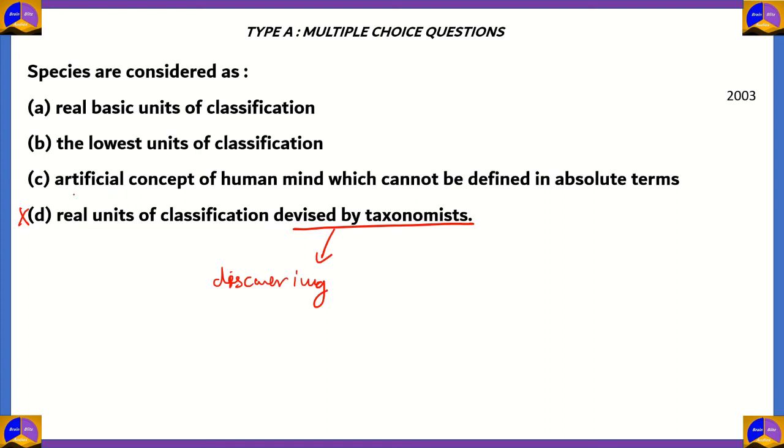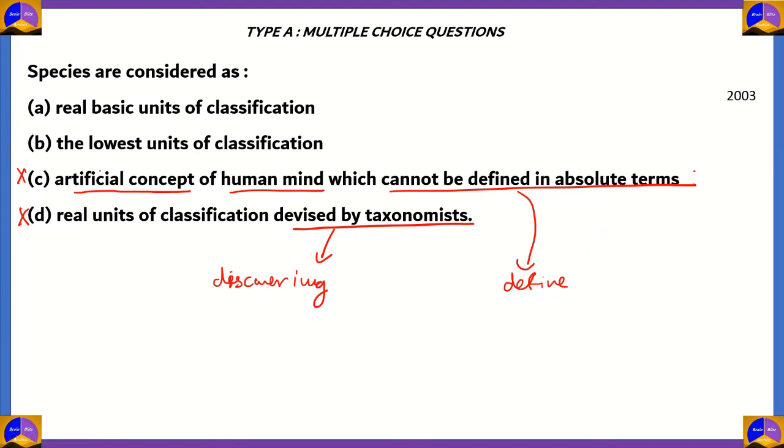What about option C? Artificial concept of human mind which cannot be defined in absolute terms, again, is incorrect because you can define a species, because you can say that a species is a taxonomic category that contains organisms which are free to reproduce with each other.